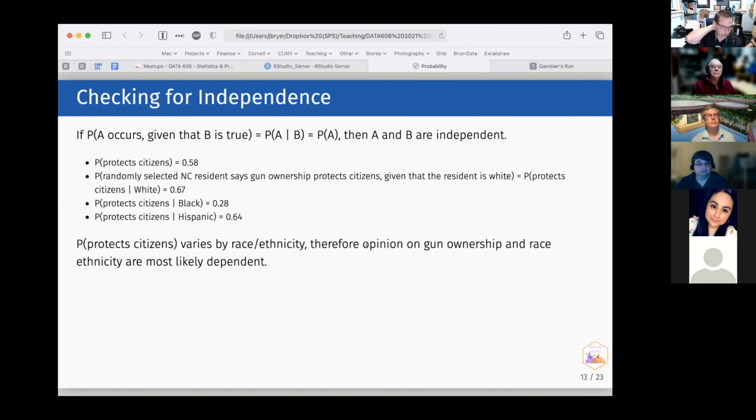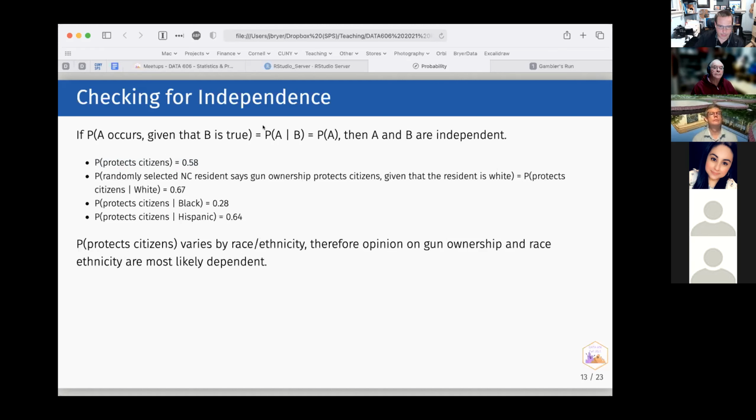So we could do this to check for independence in situations where we're not sure. Here we have the results of a general survey. This was a survey question where people were asked if they believe gun ownership protects citizens. And what we want to know is, is the response to this survey question independent of ethnicity? From this survey, 58% of respondents said yes, guns protect citizens.